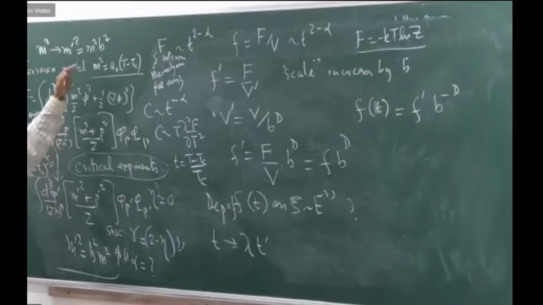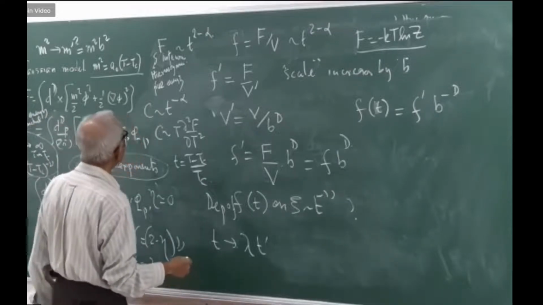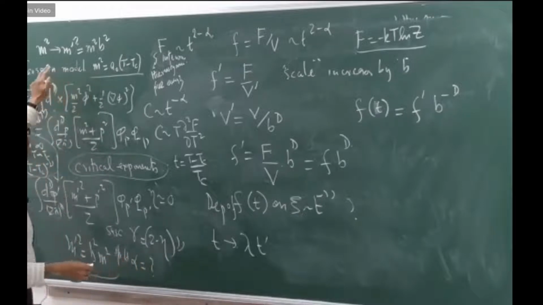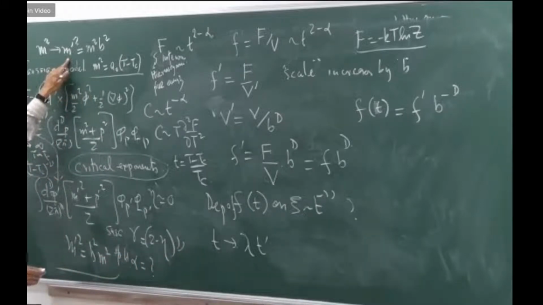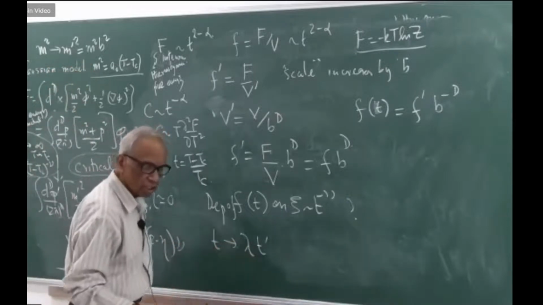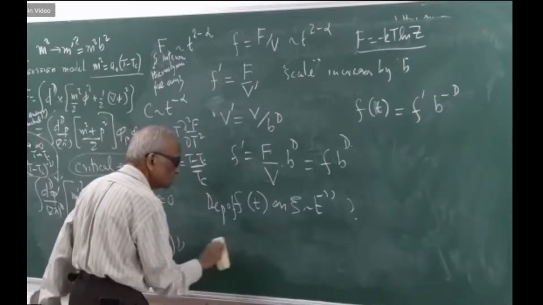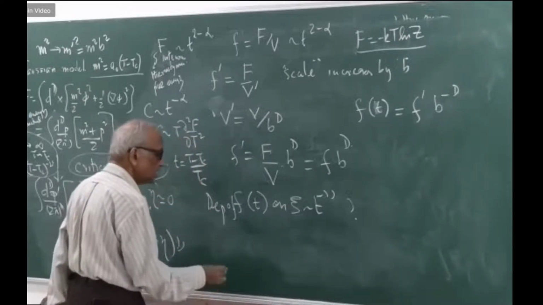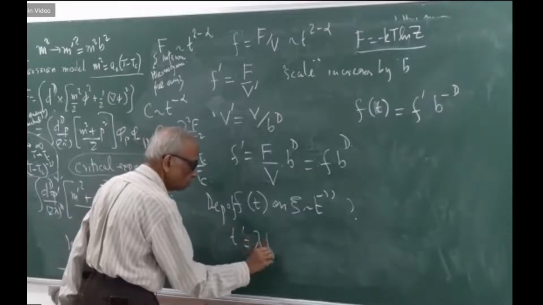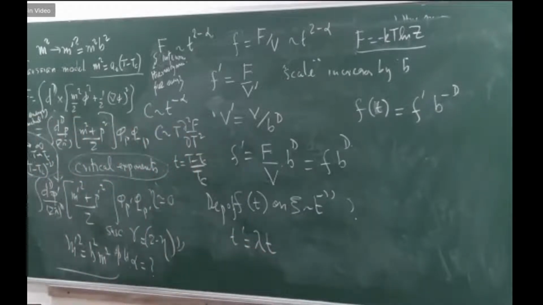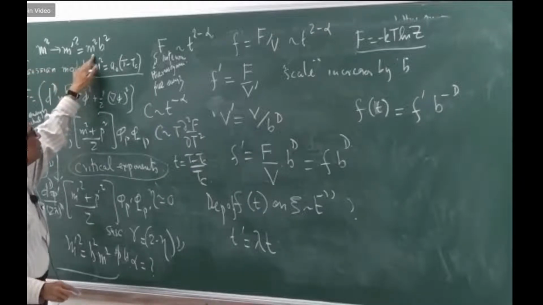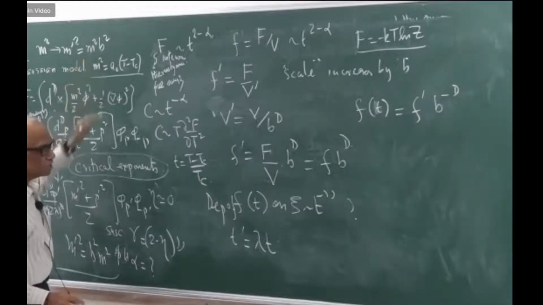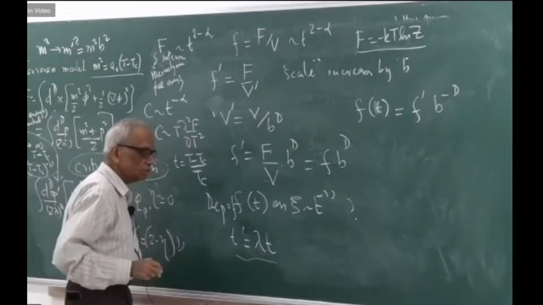Let's call it some lambda, which is b squared over there. So the new t, which is m prime squared, is equal to m squared times b squared. So t prime is equal to lambda times t.